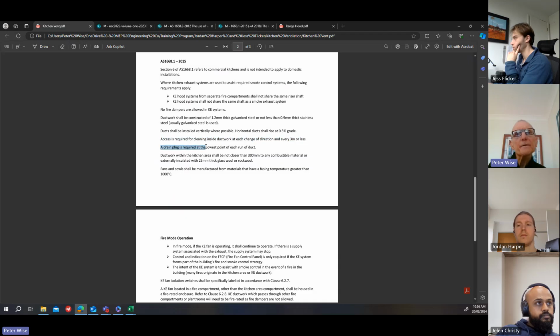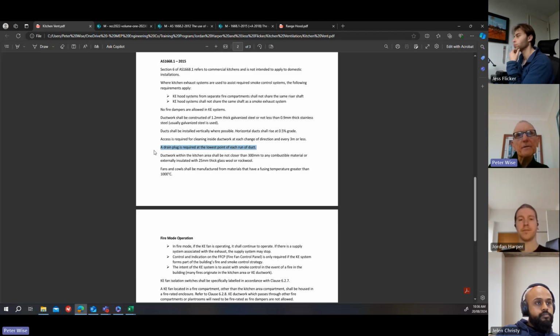You have to have a drain plug at the lowest point of each run of duct. Now these points, I'm bringing these up specifically because if you're drawing the kitchen exhaust system, you need to be aware of all this. And you can go to 1668 Part 1 and have a look, but these are the things to be aware of. So if you've only got one riser going up, then you'd have one drain plug.